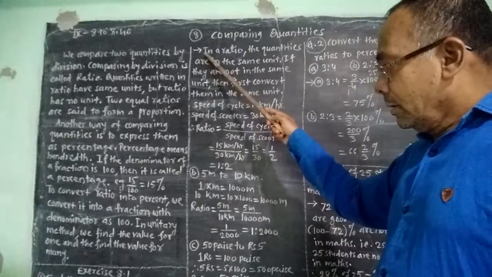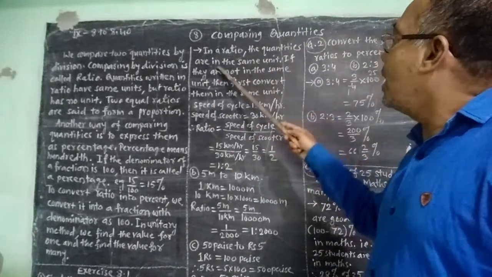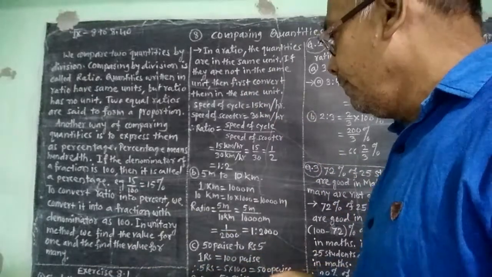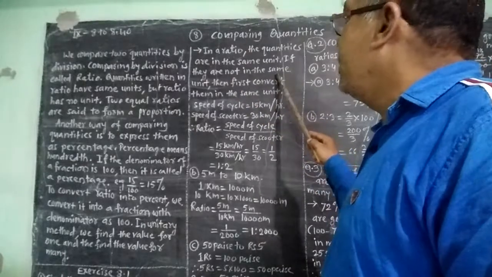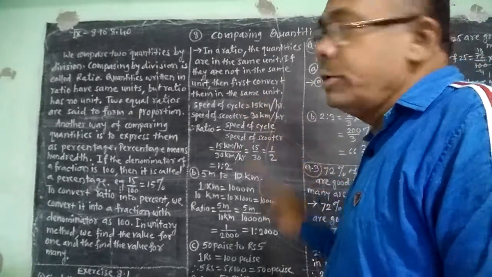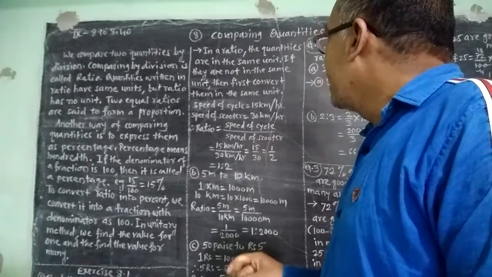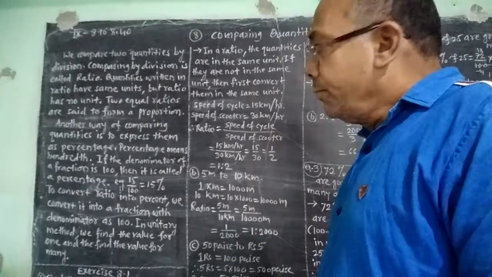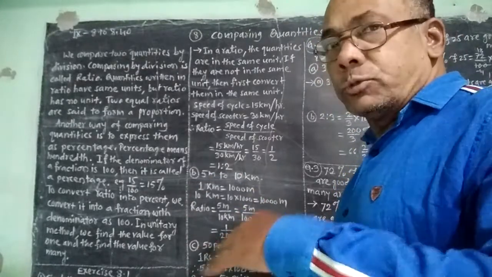Here in a ratio, the quantities must have the same unit. If they are not in the same unit, then first convert them into the same unit. We can convert the greater unit into the smaller unit.